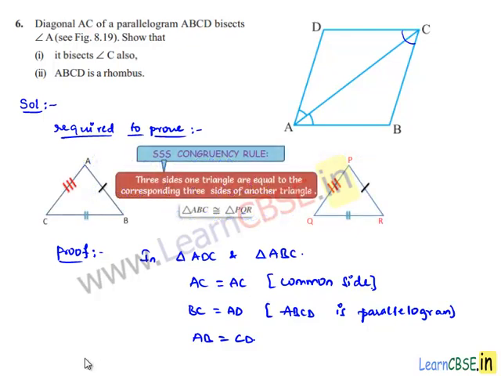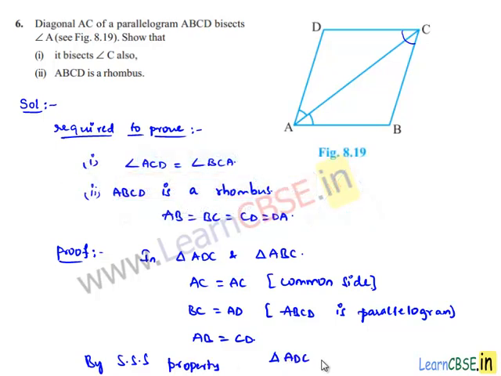So by SSS property, we can say that triangle ADC is congruent to triangle CBA. So by applying the concept that when two triangles are congruent, their corresponding angles are equal, we can equate angle DAC is equal to angle BCA. Let us name this as equation number 2.